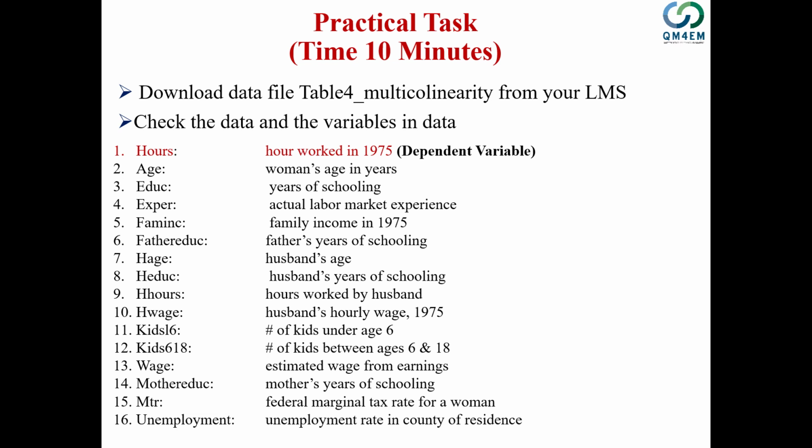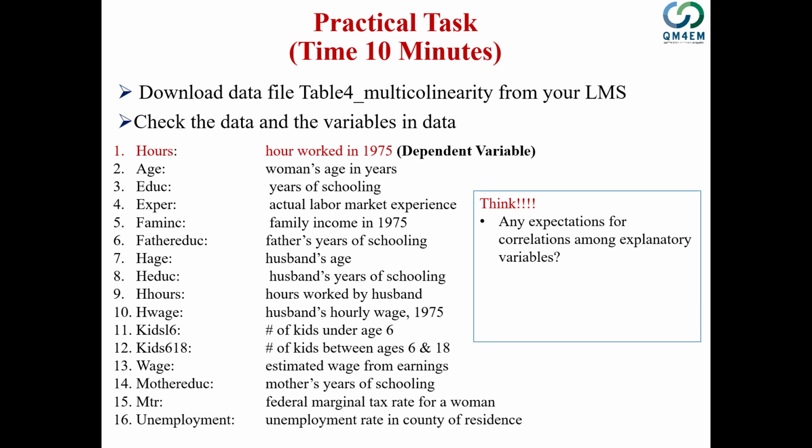So this is the data which is taken from a study which I didn't feel like referring to at this point. We don't need that. So the first thing you should do is download this data, look into these variables, verify that you have these variables in your data, then think about what you are expecting in terms of the correlation among explanatory variables.